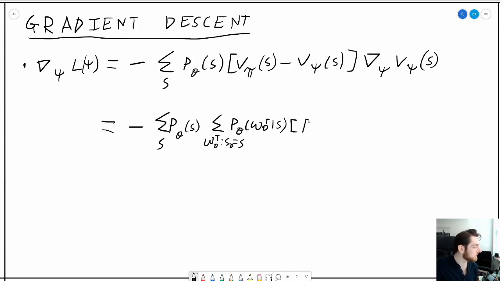And then we just have the return. So this is just substituting in the definition of the value from the last lecture into this equation.